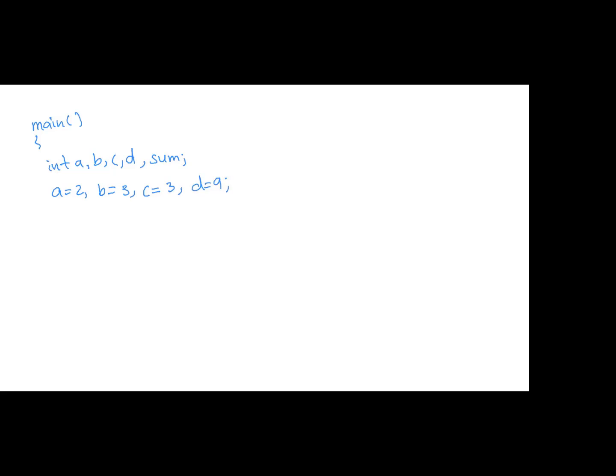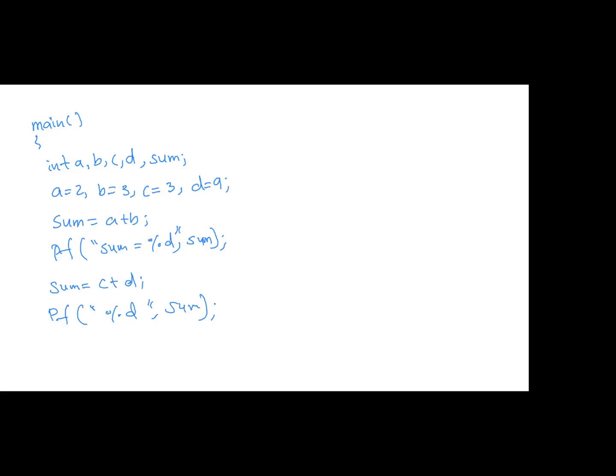Now sum is equal to a plus b, and then I printf sum is equal to %d, which is sum. Again, sum is equal to c plus d, and printf %d, sum is equal to sum.